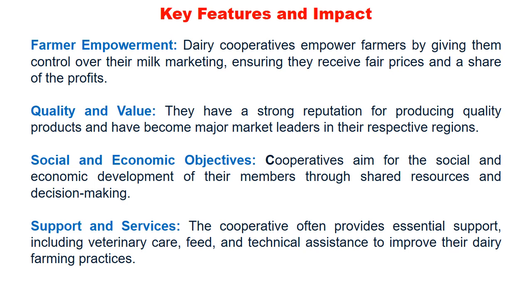Secondly, quality and value. They have a strong reputation for producing quality products and have become major market leaders in their respective regions. Thirdly, social and economic objectives. Cooperatives aim for the social and economic development of their members through shared resources and decision making.